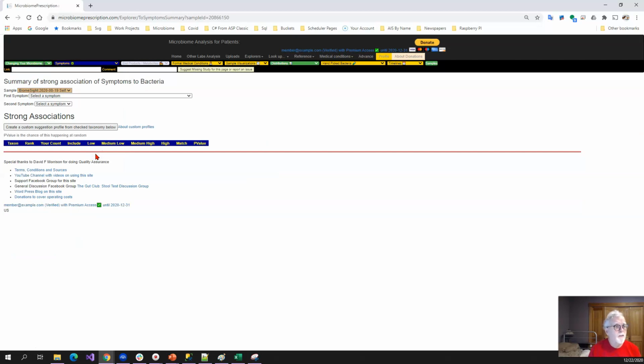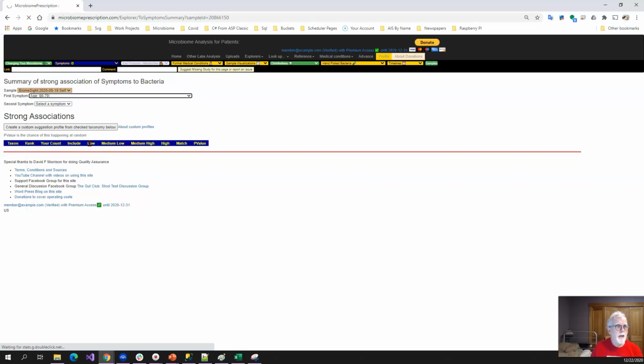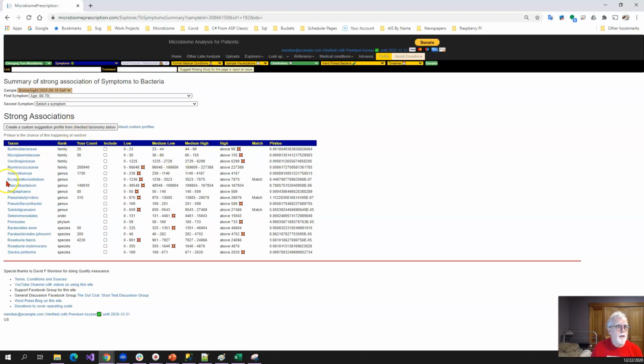And so what we have here is your sample at the top, and you have your double set of symptom picks. So you can go in and do something like, okay, I'm going to pick my age, and it will now show, for that particular age group compared to all the other age groups, what type of shifts are seen. Some of these you'll find in PubMed literature in studies on age, and guess what, they match up.